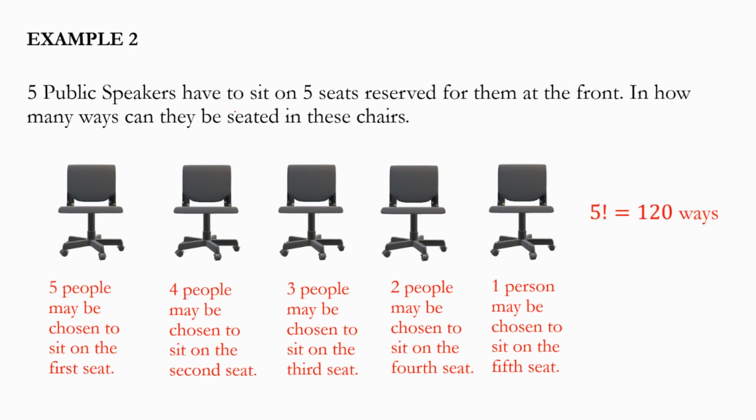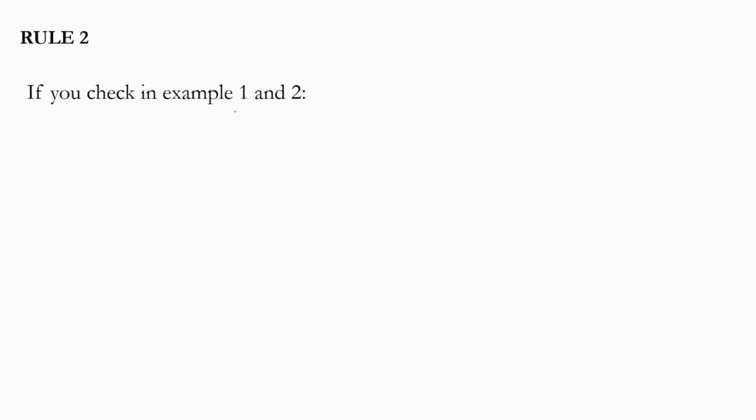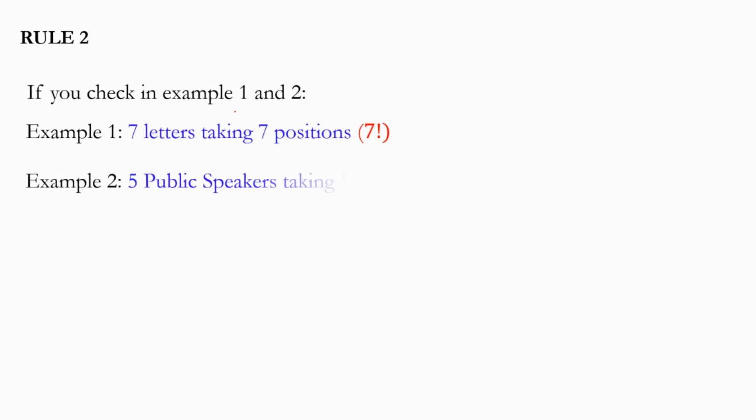Okay, if we check the examples that we just did, in example 1, 7 letters took 7 positions, so we said 7 factorial. In example 2, 5 public speakers taking 5 seats, we said 5 factorial. So this is where rule 2 comes from.